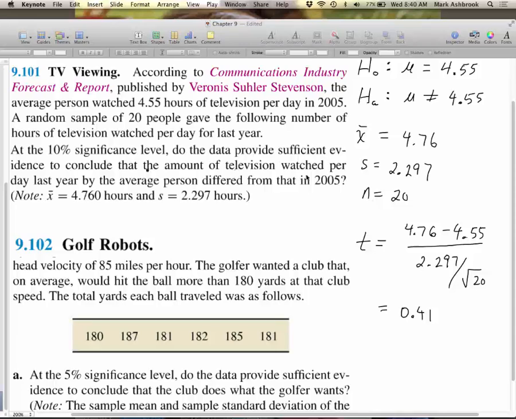Now we want a 10% significance level, but we need to use our t-table, right? So you're going to go to the column for t of 0.1.